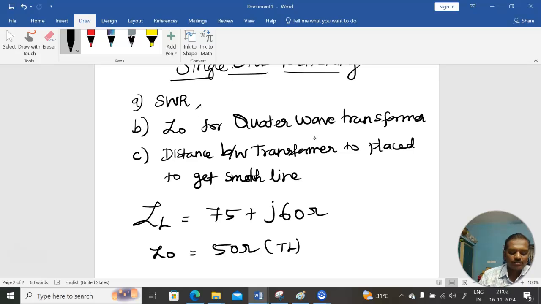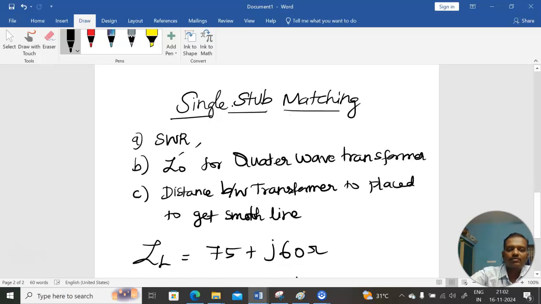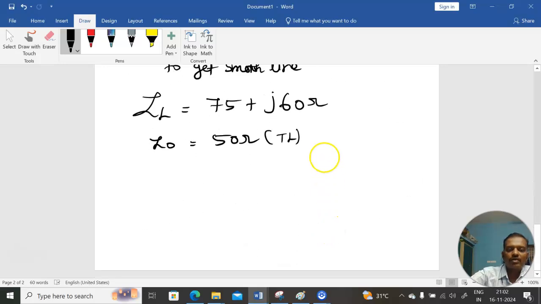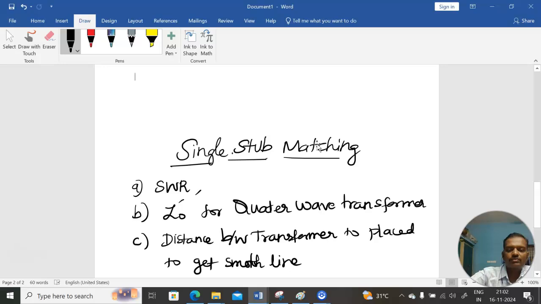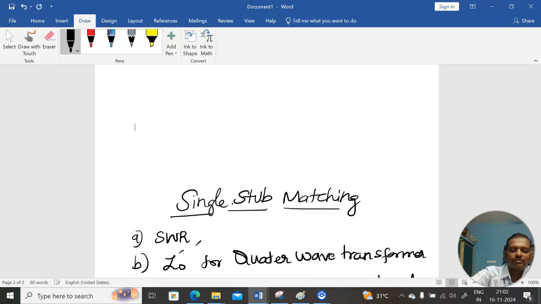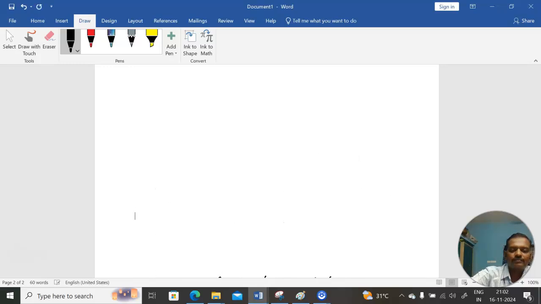They ask you to find the characteristic impedance of the transformer, which is Z0 dash. Now, how are we going to find it from the given values?